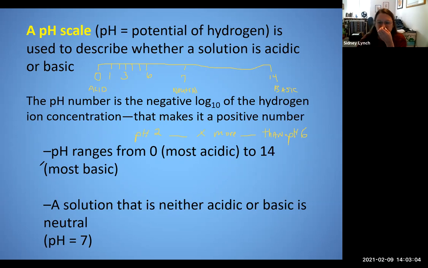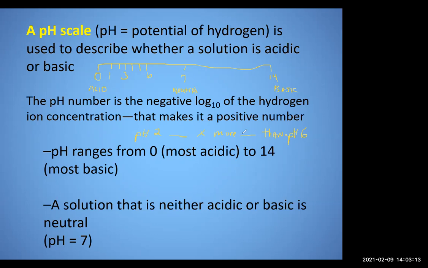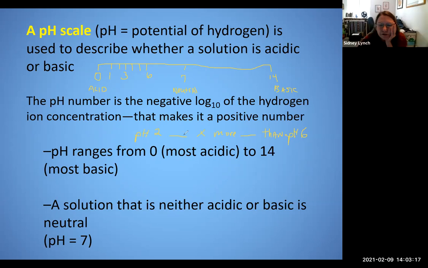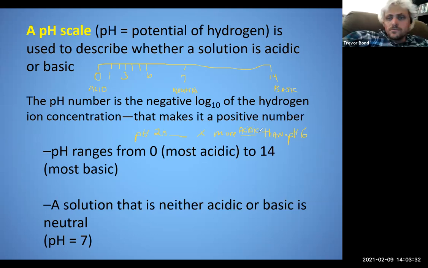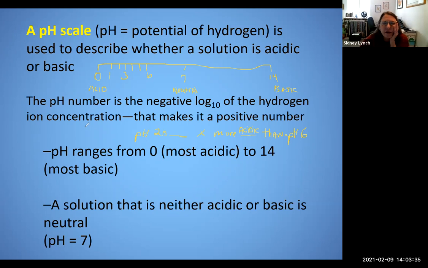So if you went from a 2 to a 6, first of all, is it going to be more acidic or more basic? More basic, pH 6. Base. Yeah, so a pH 2 is blank times more than a pH 6. It's going to be acidic, right? Maybe you're not understanding the way I'm asking the question. Yeah, I know. Okay. And then how many times?